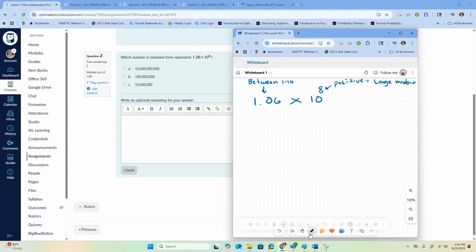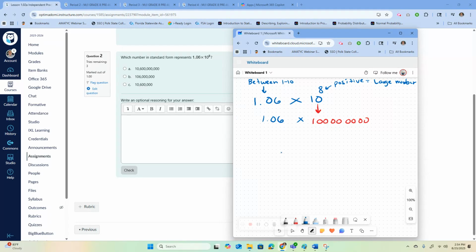Here's what you have to do. You're going to take this 10 to the 8th power, and let's find out how much that is. 10 to the 8th power means you're going to have a 1 followed by 8 zeros. And you're going to take that number and multiply it by 1.06.